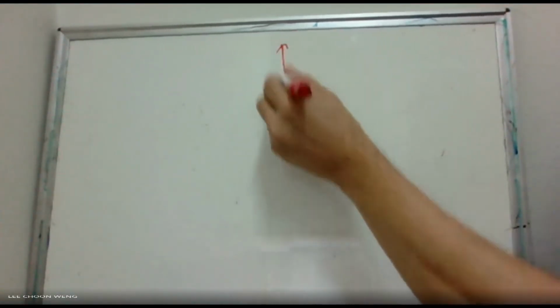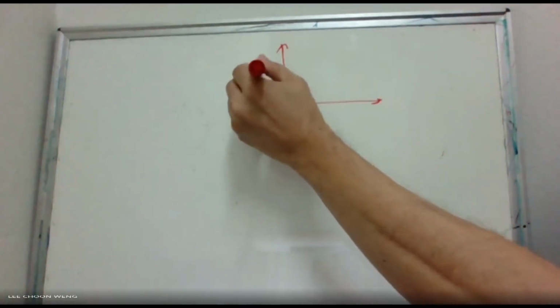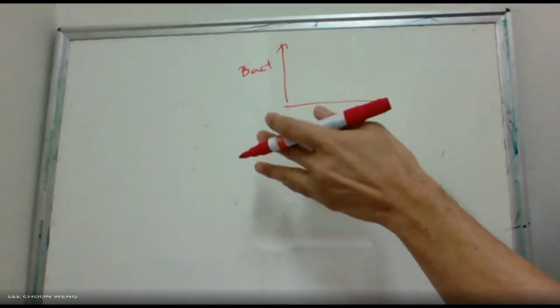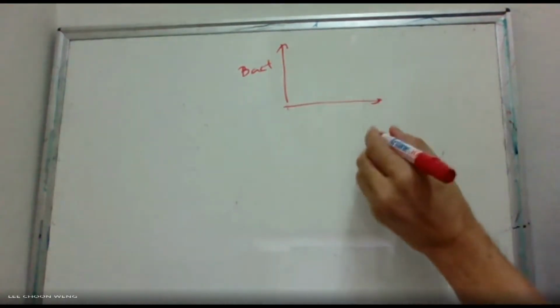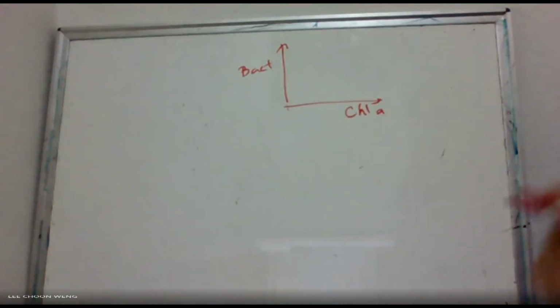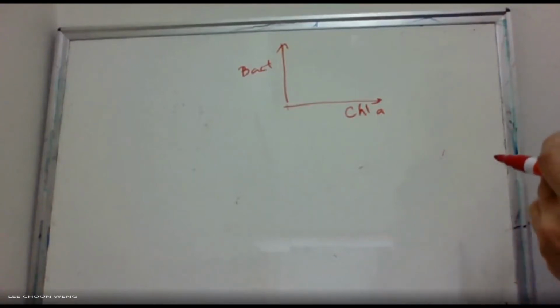For example, if you're measuring bacterial abundance at a certain site over time, and you compare it with the chlorophyll A concentration. So chlorophyll A is a proxy for phytoplankton. So we measure chlorophyll A because it's easier to measure, because counting phytoplankton is difficult.